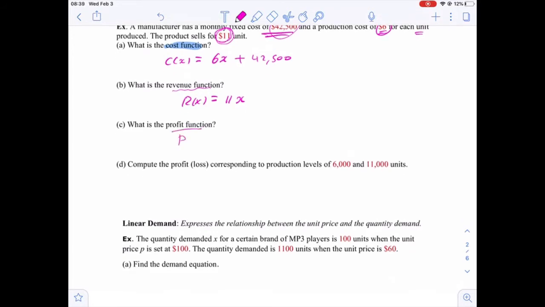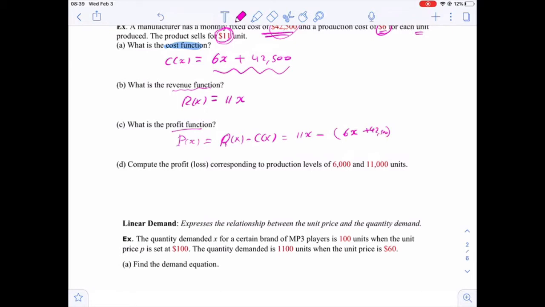And then the profit function. P of x is equal to the difference of revenue and the cost. Revenue minus the cost. Revenue is 11x minus the cost. Since we have two terms for the cost, it's better to put them in parentheses. So 6x plus 42,500.